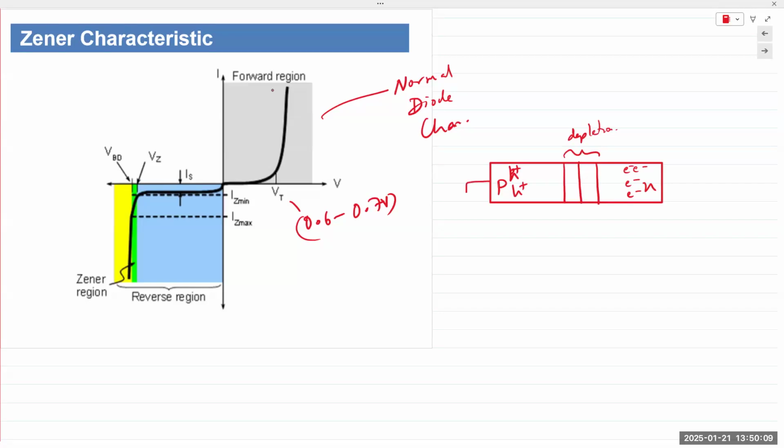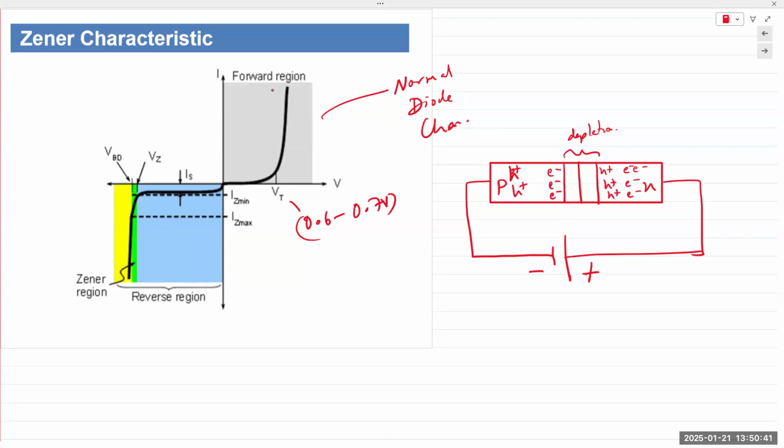So if you apply reverse bias, meaning negative here and positive here, what happens? The electrons and the holes are attracted by the voltage polarity of the external supply, so they are pulling away from the junction. The depletion region width increases. No current can flow through. But we also have minority carriers present in the device. The minority carriers here are the holes.